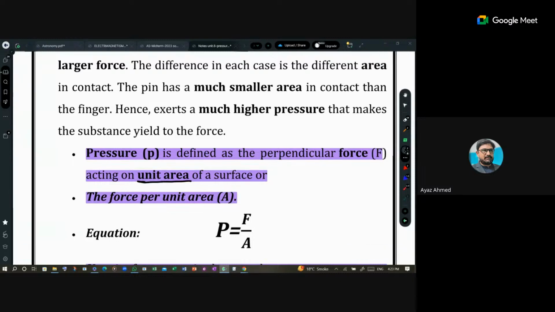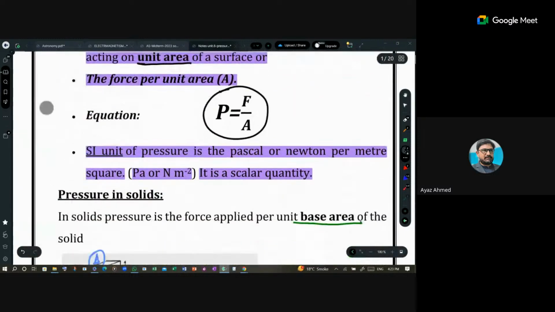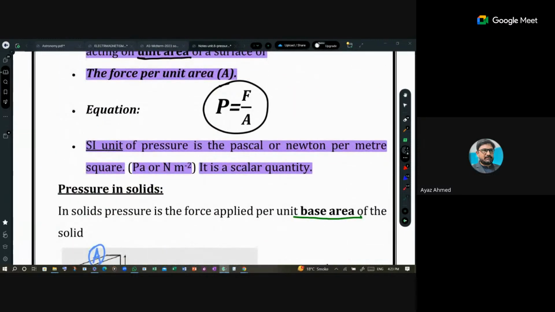When I say that pressure is defined as force per unit area, I have this equation: pressure is equal to force divided by area, and its unit becomes Newton per square meter. And when its unit is Newton per square meter, it is basically a scalar quantity, right?